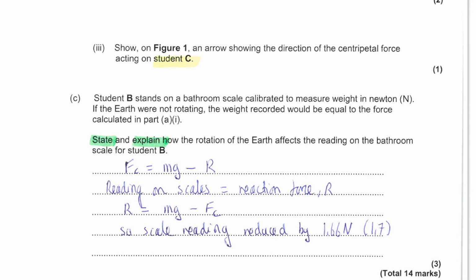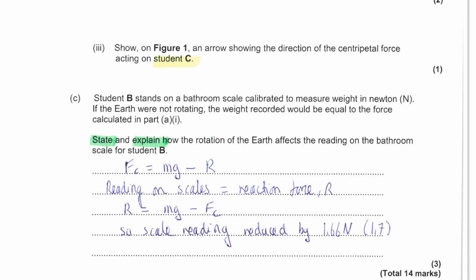However, the rotation changes the situation with regards to the forces. There would be a resultant force, which we would call the centripetal force. This centripetal force would equal the weight take away the reaction force. That's providing a net force towards the centre of the rotation.